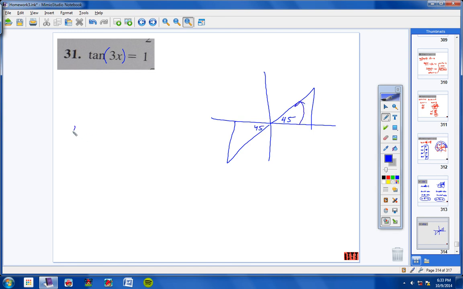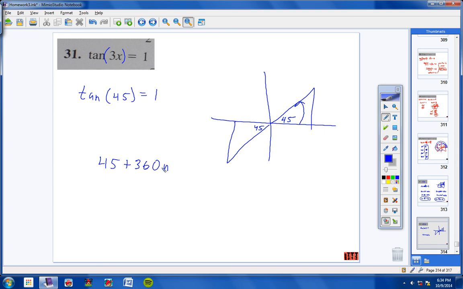Now we're going to rotate from here to here. So one answer is 45 plus, let me slide this over a little bit so we can see this. So we're saying the tangent of 45 equals 1. Okay, now we're going to say 45 plus, now usually we put 2 pi, but we're going to put 360 because we're dealing with degrees.